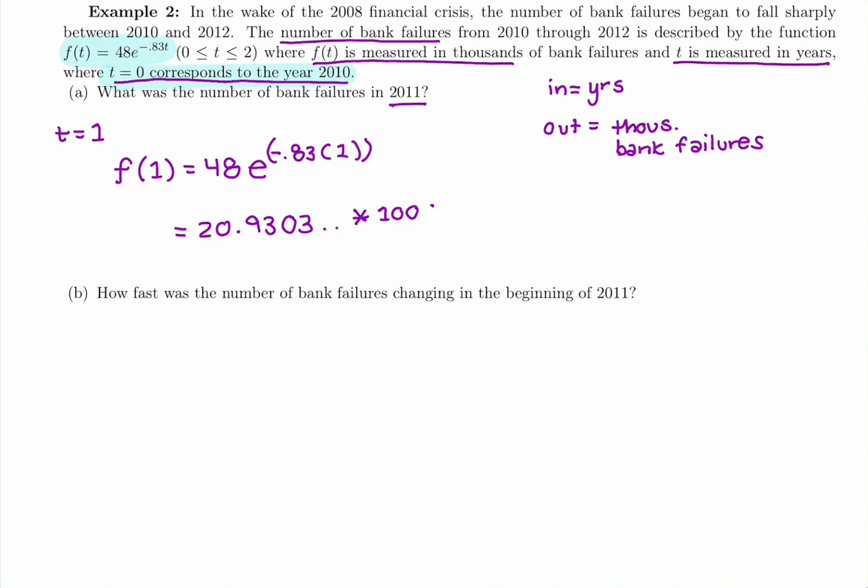You need to multiply this out by the units of 1,000, which will really just move this over 3 places, about 20,930 bank failures in 2011. So still almost 21,000 banks failed.